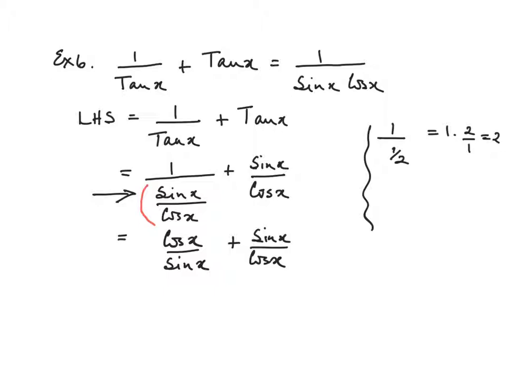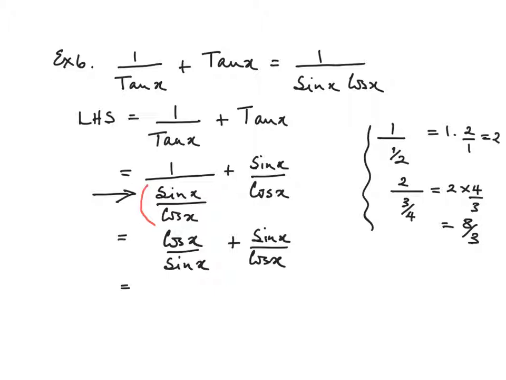What about another fraction? 2 divided by 3/4, that's 2 times 4 over 3, which gives us 8 over 3. So you change divide to multiply and turn the bottom fraction upside down.